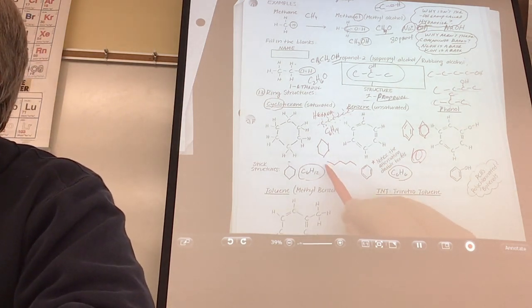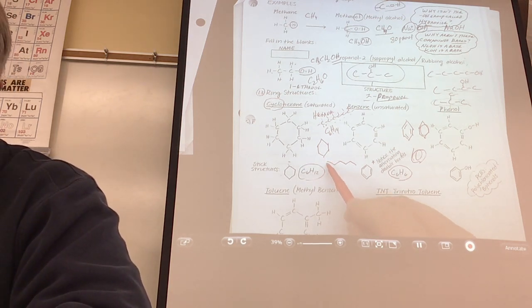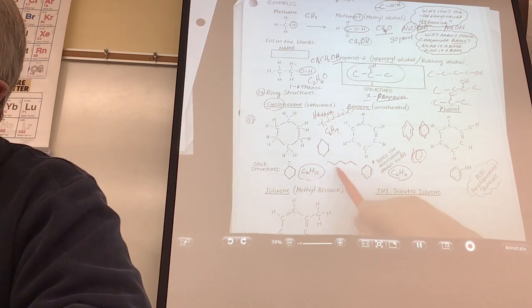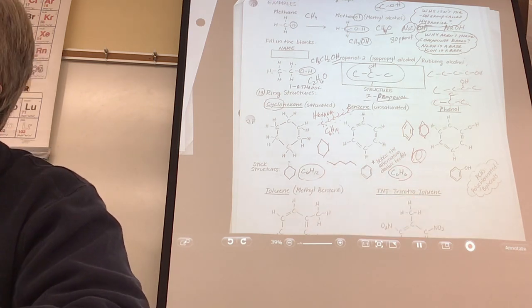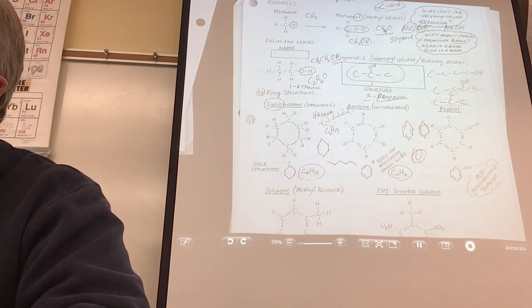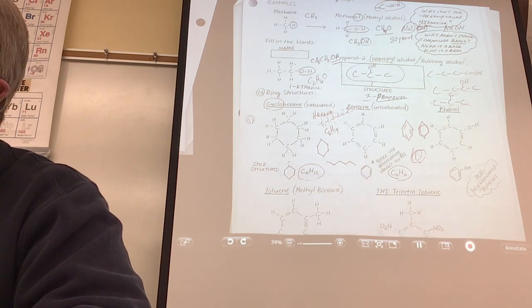What's found at the end of a stick? Carbon, unless I tell you it's not. And carbon likes how many bonds? 4. There's 1, so he must have 3. Here's 2 bonds, you must have 2 hydrogens. This is called an abbreviated or stick structure. And so benzene, cyclohexane, hexane.